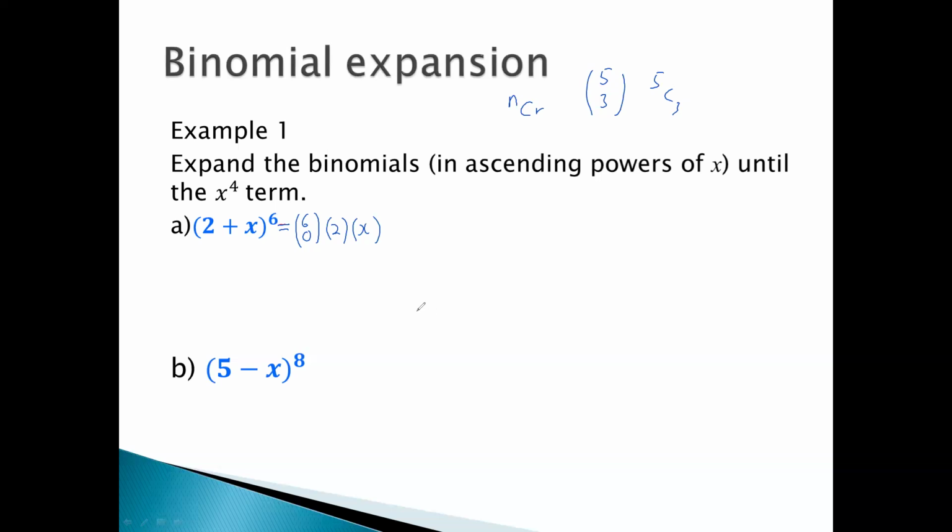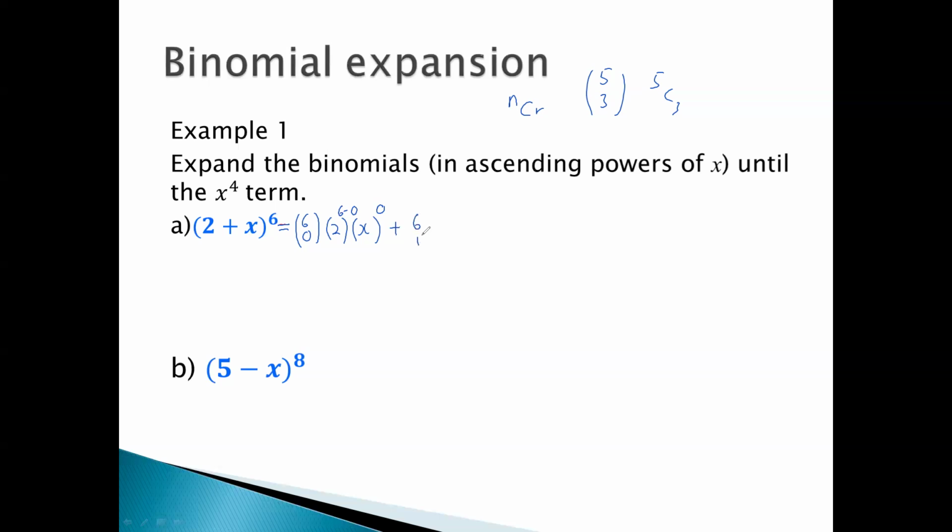Memorize this process. Now, what I am going to do is this 0 will become the power of the second term, okay? And then the power for the first term is 6 minus this power here. So 6 minus 0. Now we'll just continue the process.